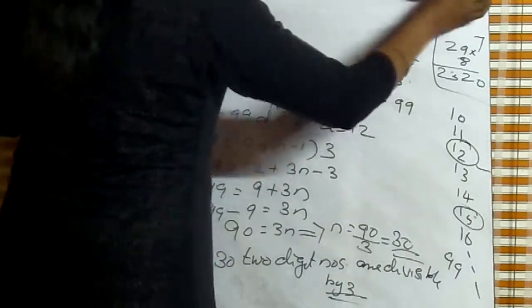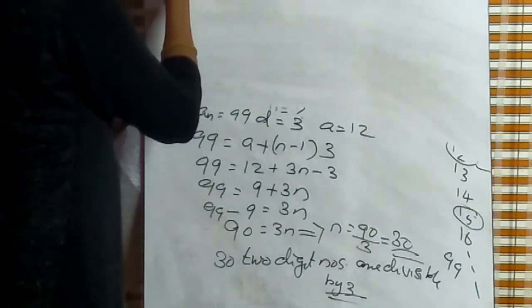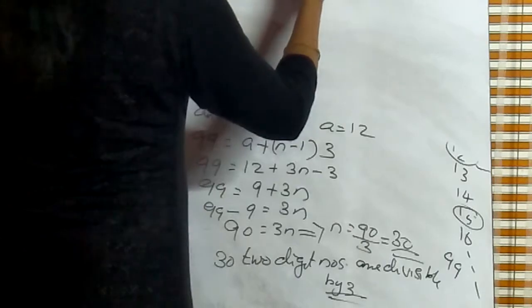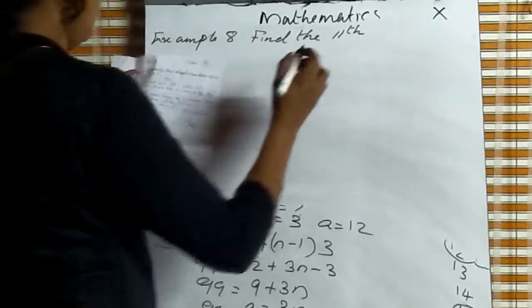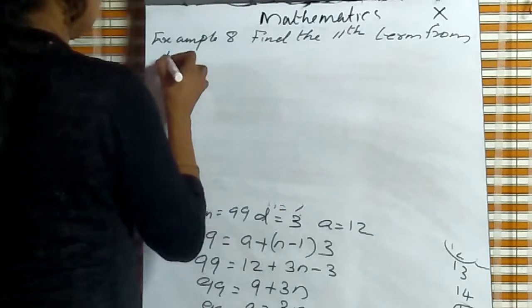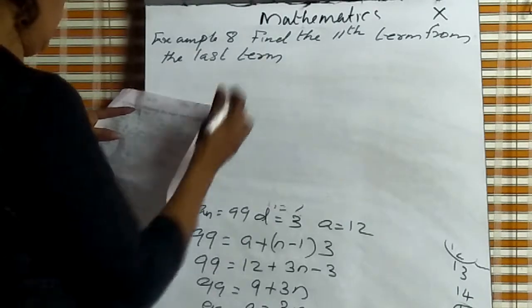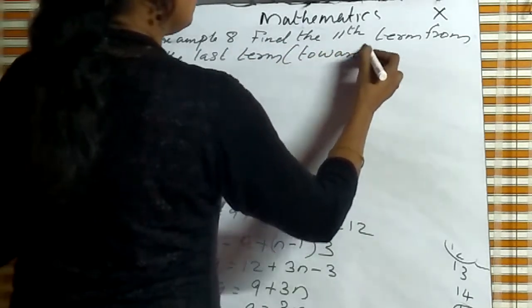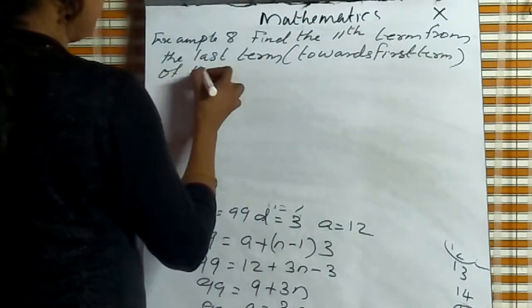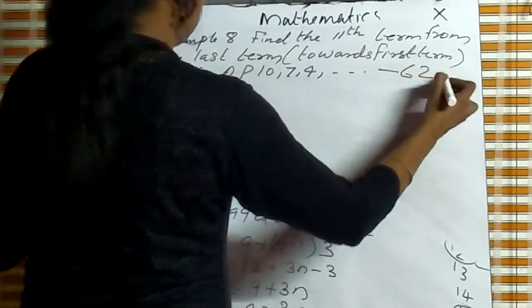Now, example 8 in the text. Find the 11th term from the last term towards the first term of the AP 10, 7, 4, etc., minus 62.